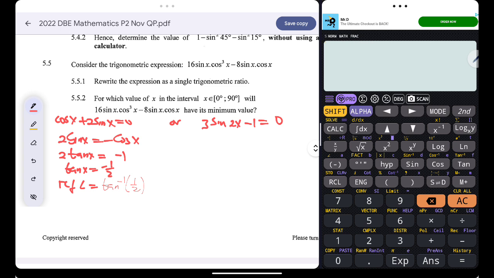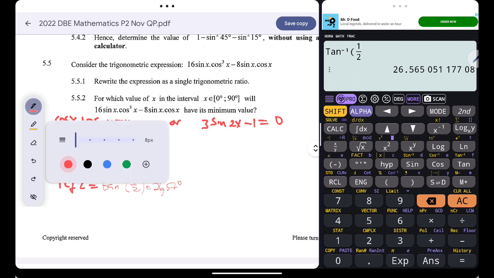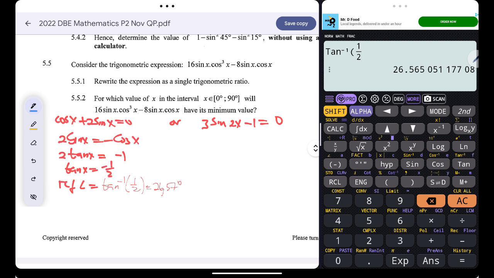So how do I do that? I'll press shift tan, then 1 over 2. I'll simply get 26.57 degrees. My duty is to express the reference angle where tan is negative. Why negative?